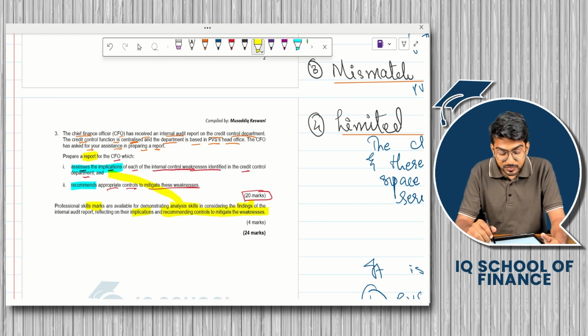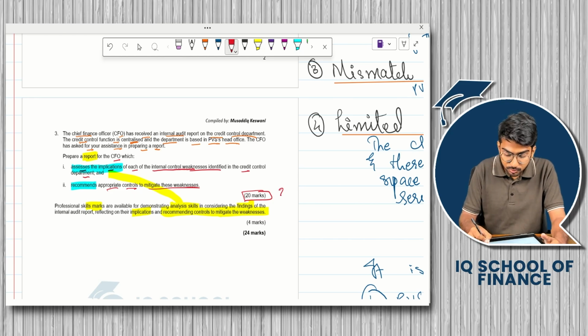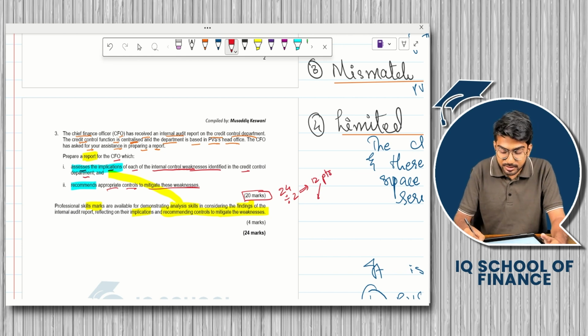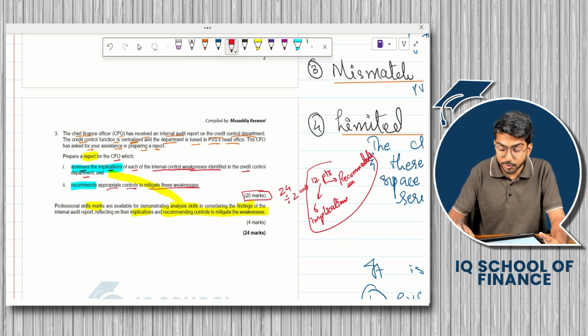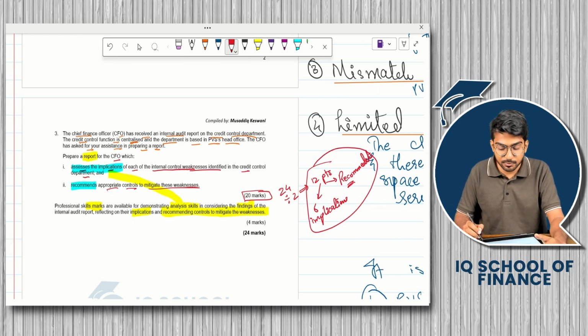So 4 marks for the professional skills. In total it is 24 marks, divided by 2, which gives us 12 points. So 6 for the implications and 6 for the recommendations. This is how we are going to cover our 24 marks with the 12 points.